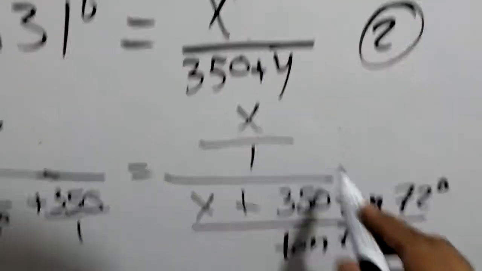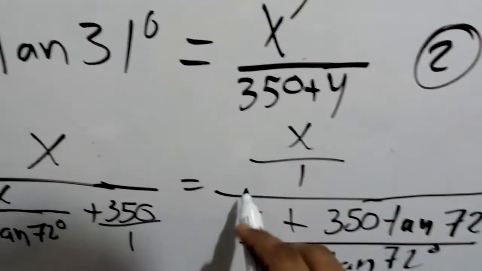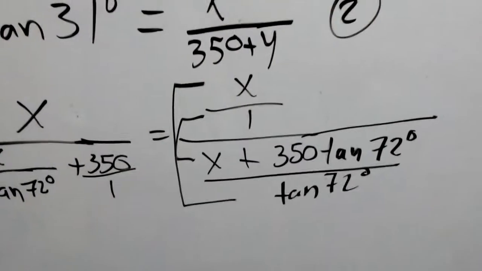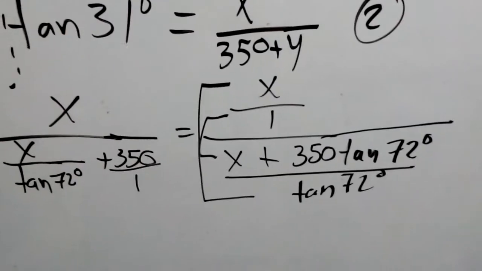And now, since you put the 1 here, you just apply the multiplication rule of the middle ones and the edge ones.